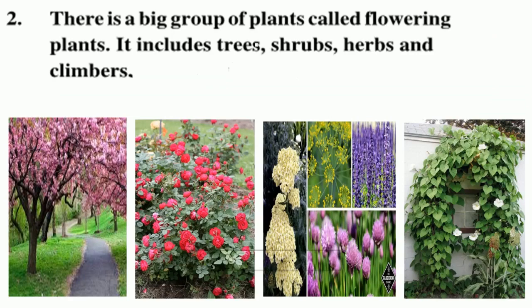Second, there is a big group of plants called flowering plants. It includes trees, shrubs, herbs and climbers. Students, plants are divided into two main groups. First is flowering seed-bearing plants and the other is seedless plants that reproduce by spores.